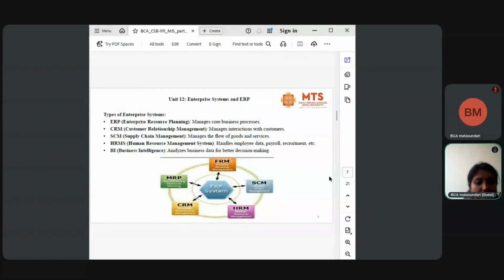So now, what are the types of enterprise system? First is enterprise resource planning, that basically manages core business processes.